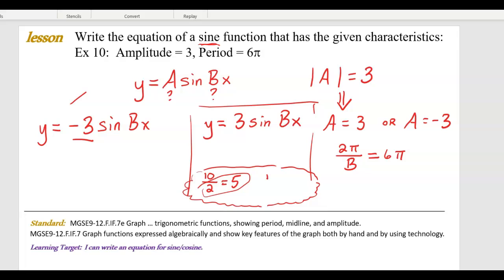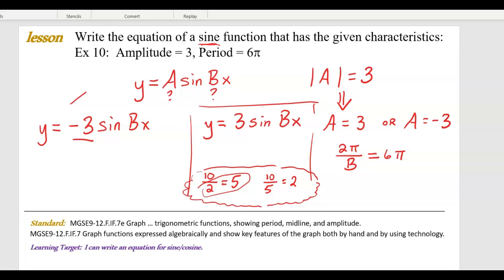I can make this 10 over 5 equals 2, and the equality is still maintained. So 10 divided by 5 is 2. This is a trick: anytime I'm trying to solve an equation with a fraction, and the variable I'm solving for is in the denominator, I can literally just switch those 2 numbers. So it's just a shortcut.